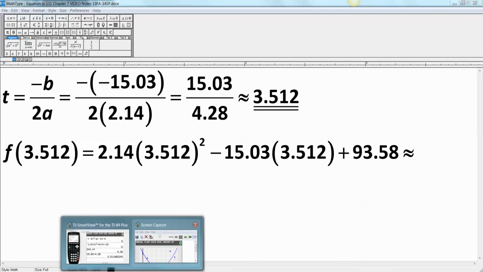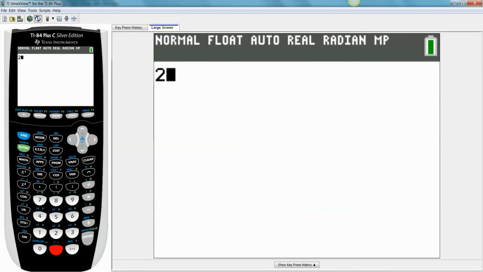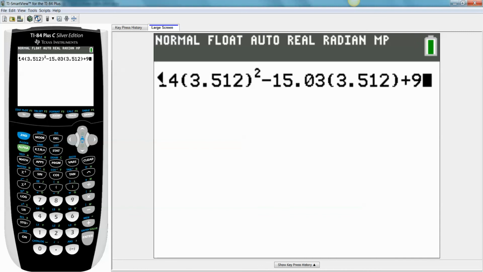So go back here, clear. So I want 2.14 times 3.512 squared minus 15.03 times 3.512 plus 93.58.